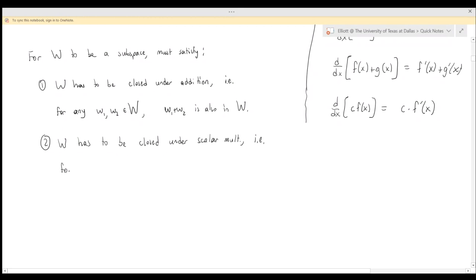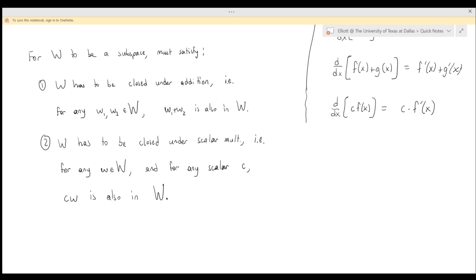It means that for any element little w of big W, and for any scalar C, if I multiply W by C, the result should also be inside the set W, okay?